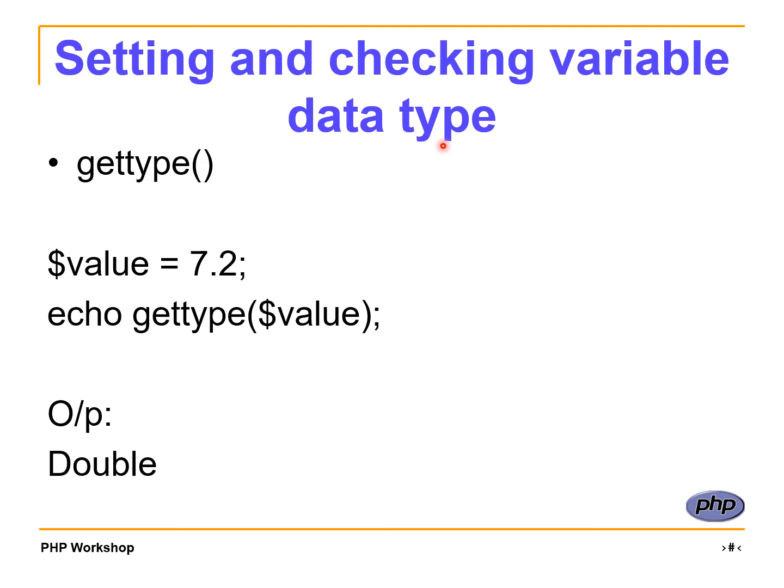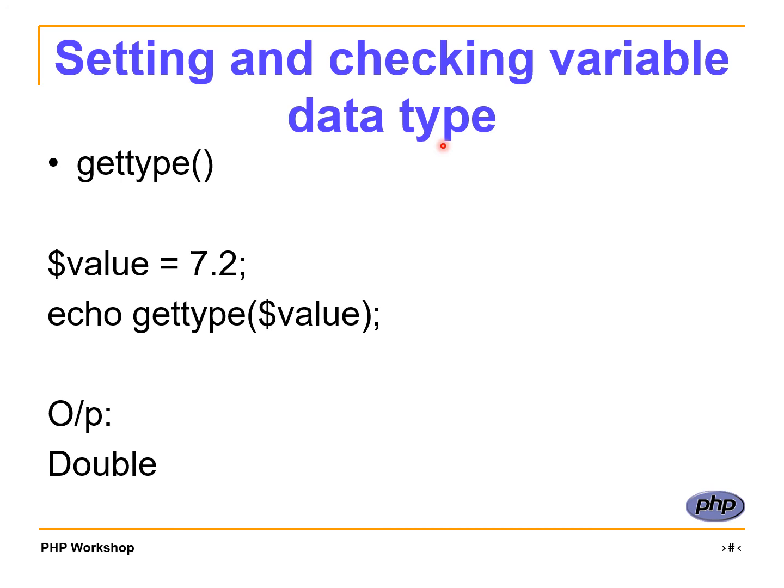In C, C++ or Java, we have to specify the data type followed by the variable name. But in scripting languages, the data type of the variable is assigned depending on the value stored in it.